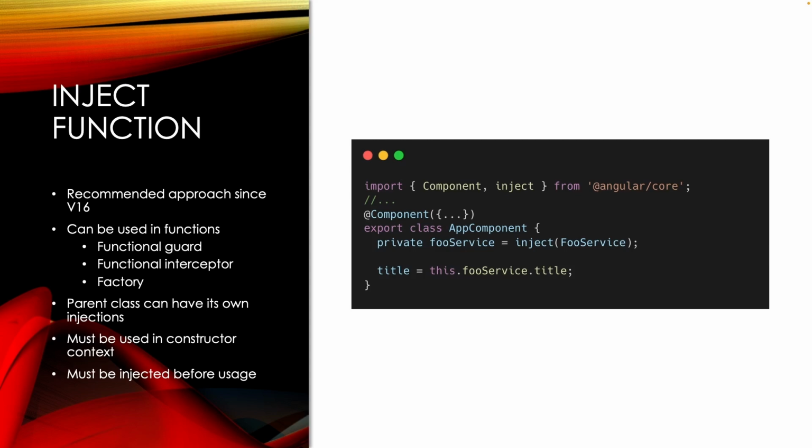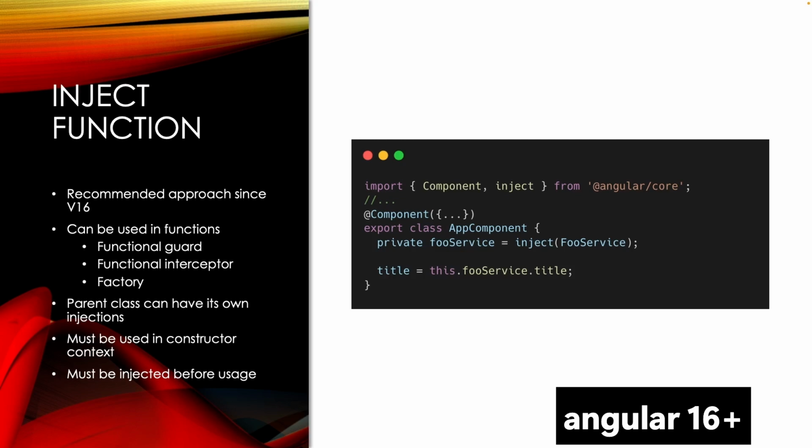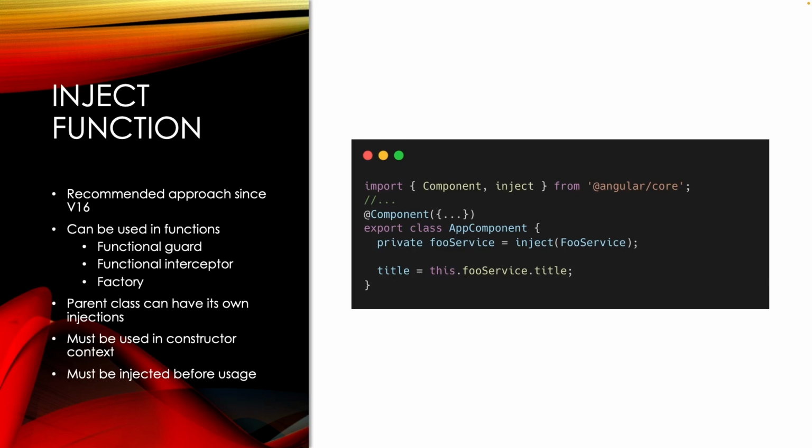This approach is recommended since Angular 16, and Angular introduced a migration guide from constructor to inject function. The benefit: it can be used in new functional guards, functional interceptors, or factories. Also, it allows extending a parent class without breaking changes to its children. Of course, it has limitations.